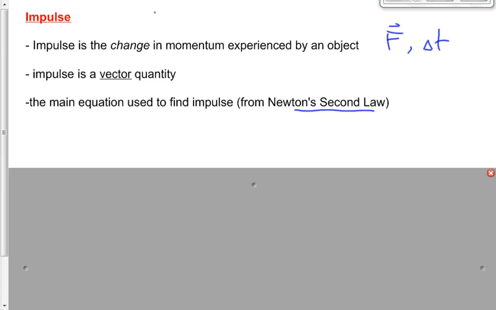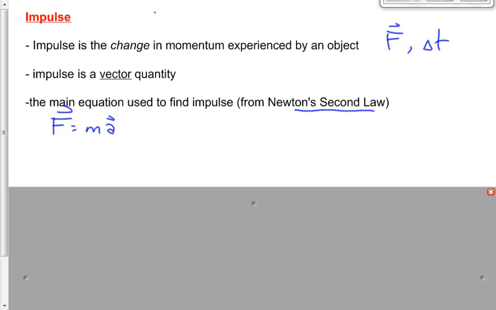No? The acceleration is directly proportional to the force and inversely proportional to the mass. In other words, F equals ma. Remember that? Does that ring a bell? It better. Okay. Maybe not necessarily as Newton's second law, but you better remember this equation. F is equal to m times a.